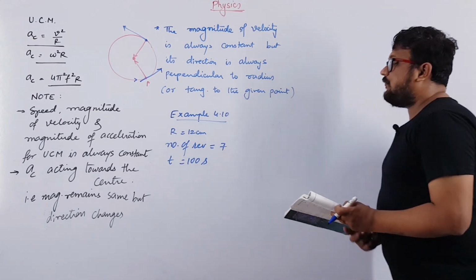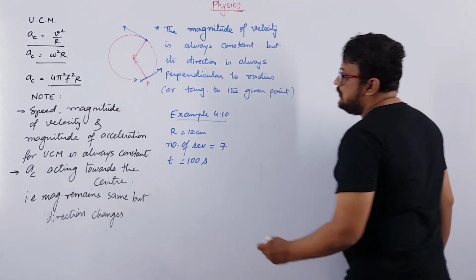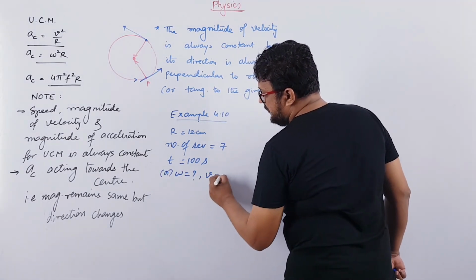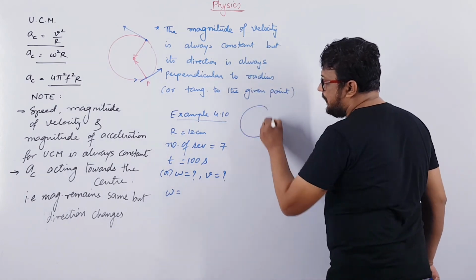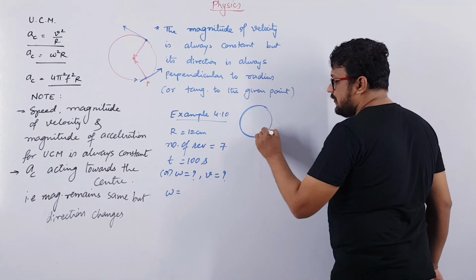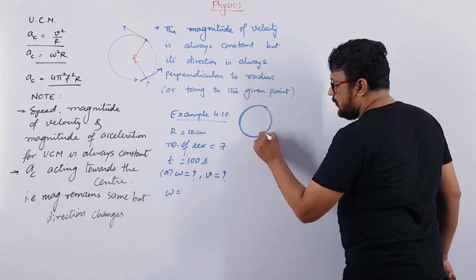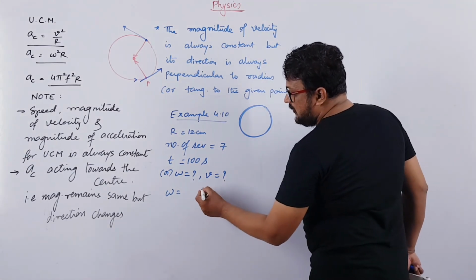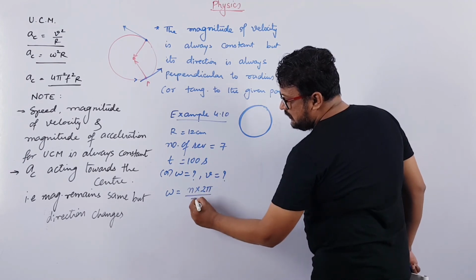Angular speed is angular displacement upon time taken. For a circular path, the angular displacement for one revolution is 2 pi. So for n number of revolutions, it is n into 2 pi by t.